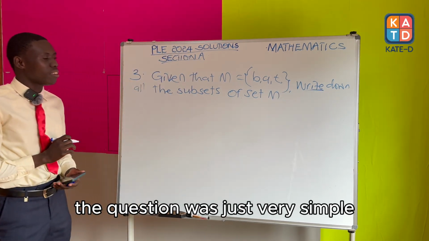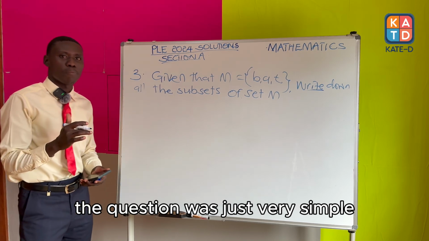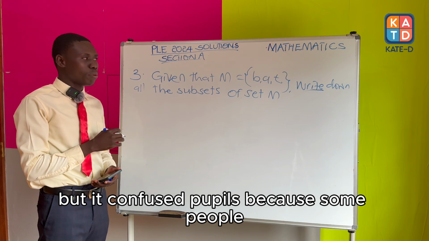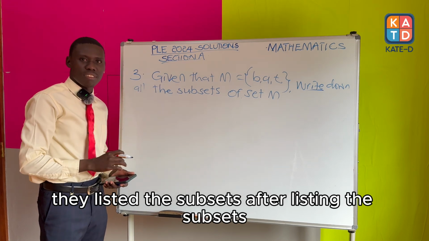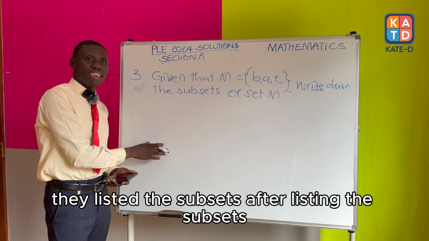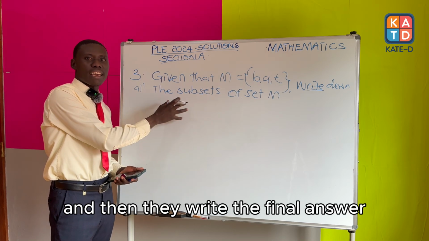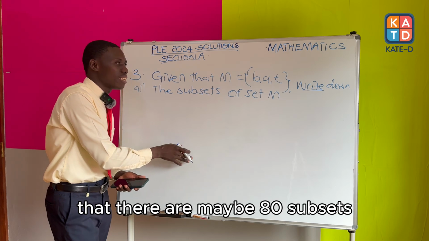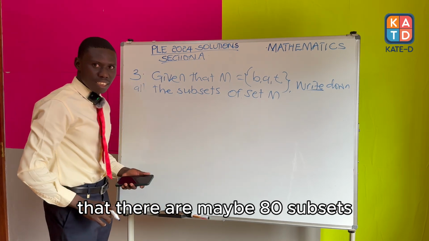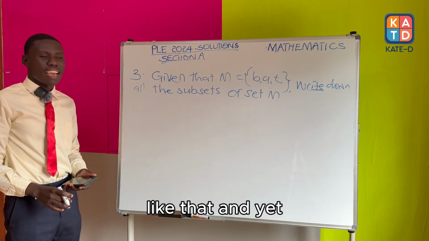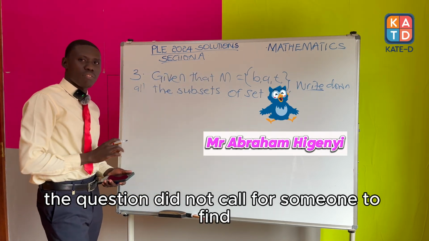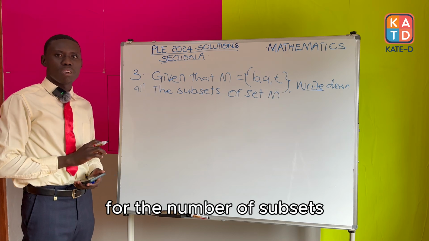The question was very simple, but it confused pupils, because some people listed the subsets, then counted them, and wrote a final answer that there may be 8 subsets. Yet the question did not call for the number of subsets.